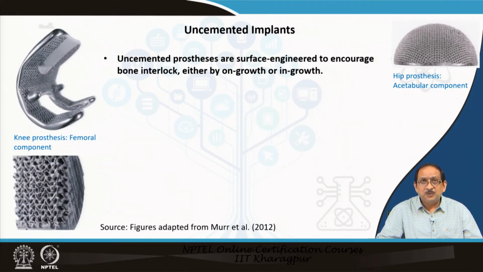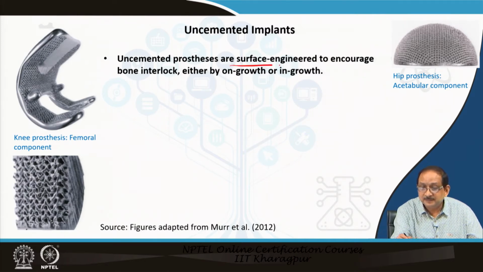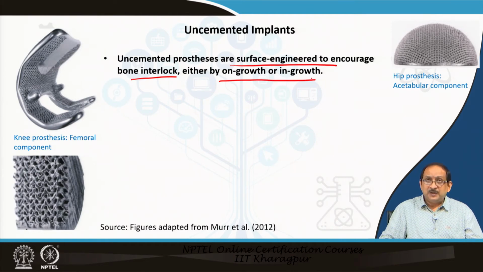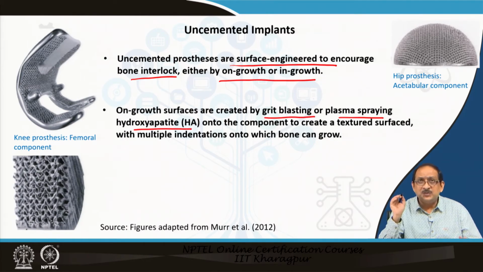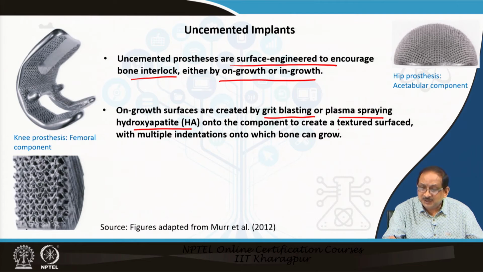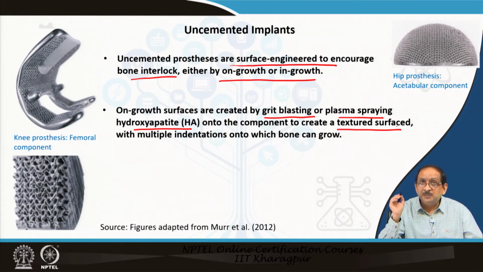Now, let us discuss more about the uncemented implants. The uncemented implants are surface engineered to encourage bone interlock, either by on-growth or by in-growth. On-growth surfaces are created by grit blasting or plasma spraying hydroxyapatite onto the component to create a textured surface with multiple indentations onto which bone can grow.